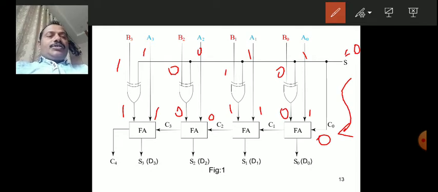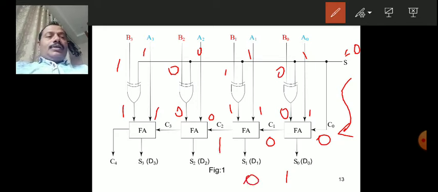Now the first full adder has inputs 0, 1, 0, hence the sum is 1. For the second adder, we have 1 plus 1 plus 0, so the sum is 0 and carry is 1.